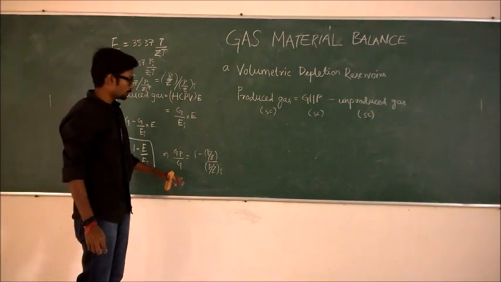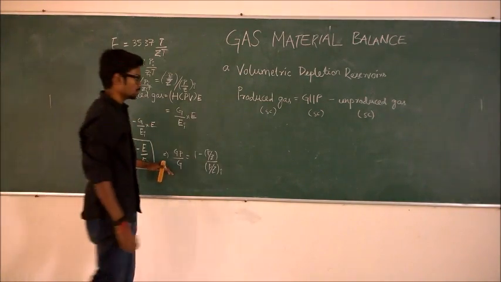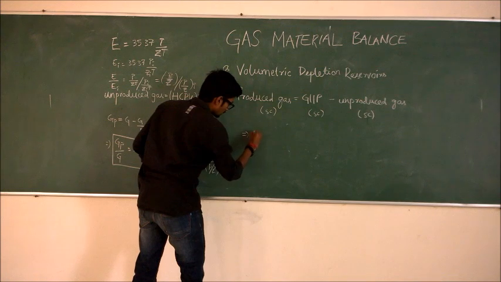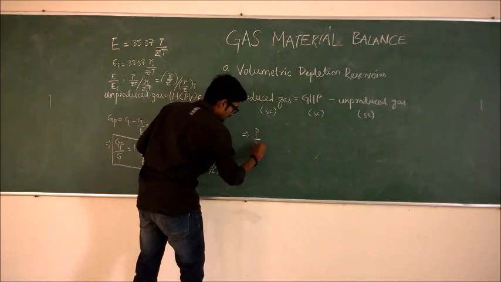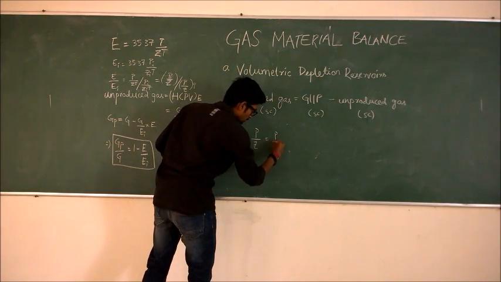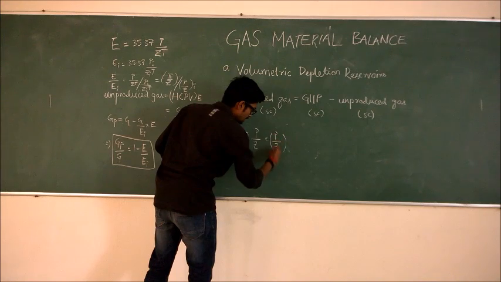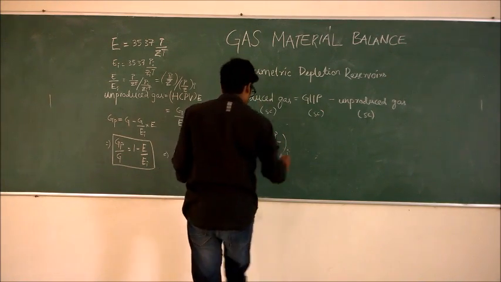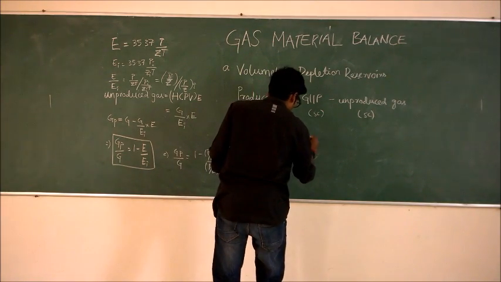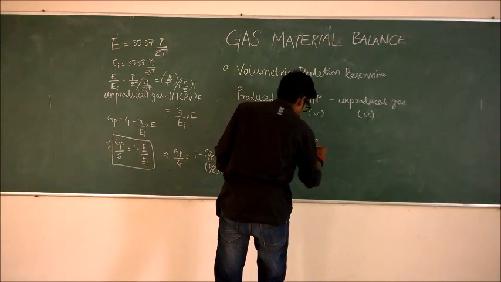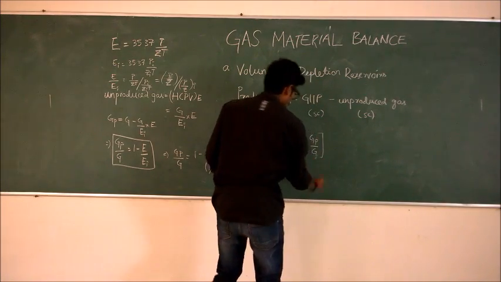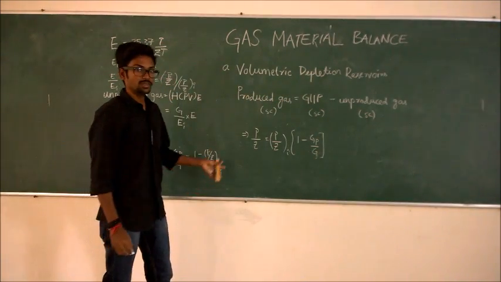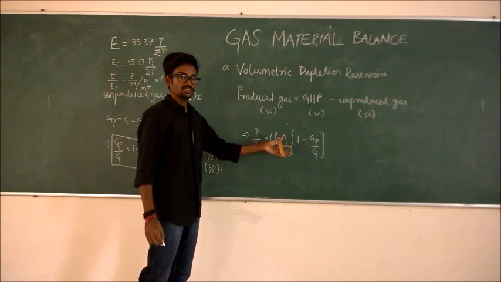Now solving for P by Z from this equation, we get P by Z is equal to P by Z initial into 1 minus Gp by G. So from this relation, we can see that P by Z is linearly related to Gp by G.